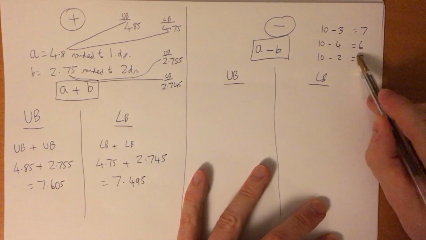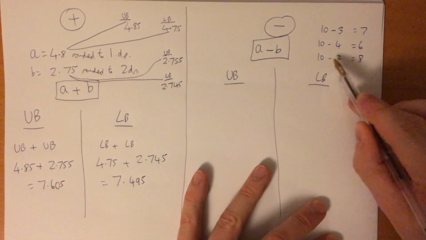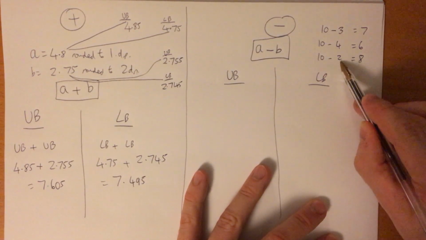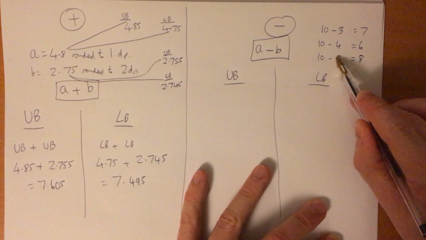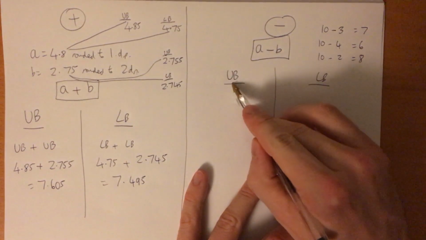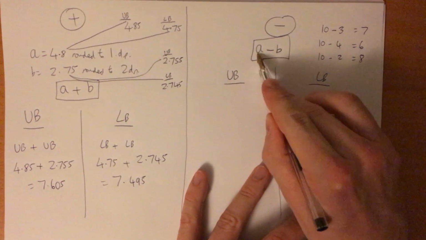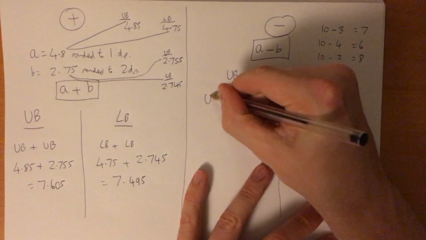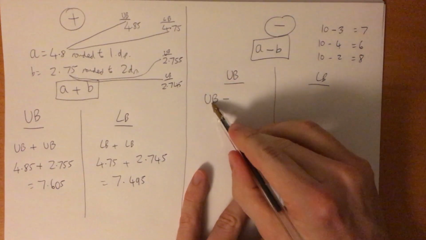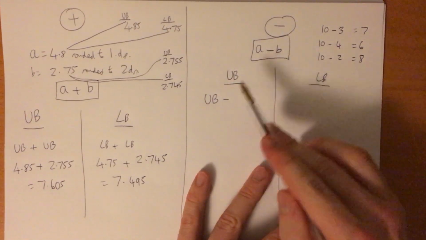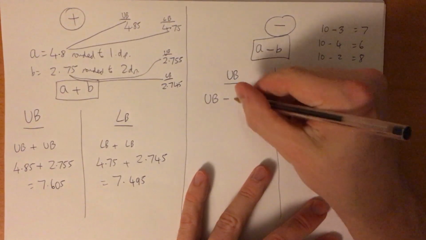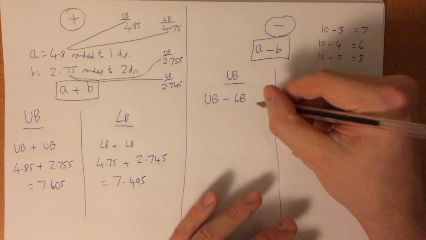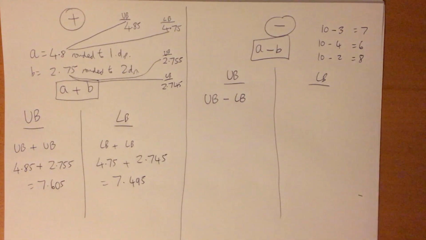The biggest answer we have here is when you do 10 minus the smallest part here. So when you want to get the upper bound answer of a minus b, you want to find the upper bound of a, so you get the biggest possible version of a, but you want to take that away from the smallest possible version of b, because that would give you the biggest answer overall.